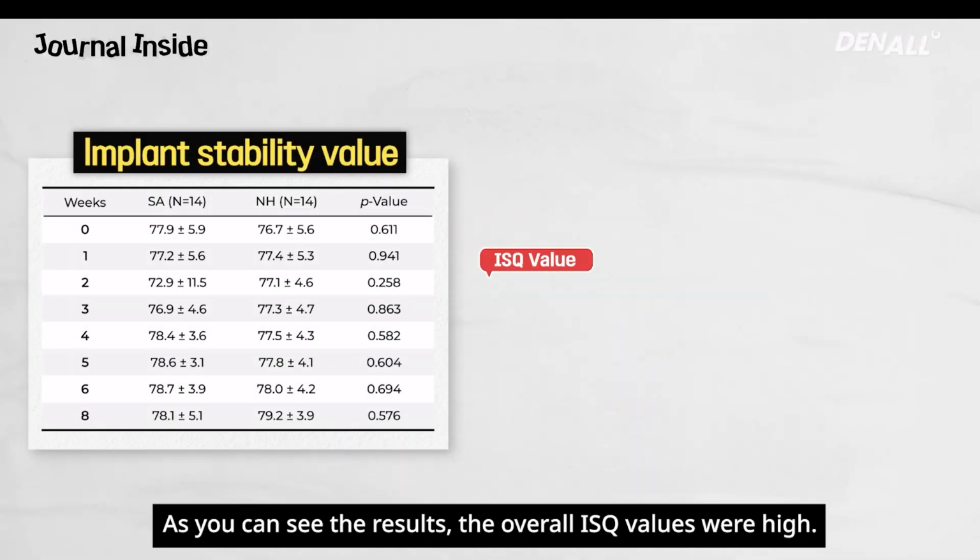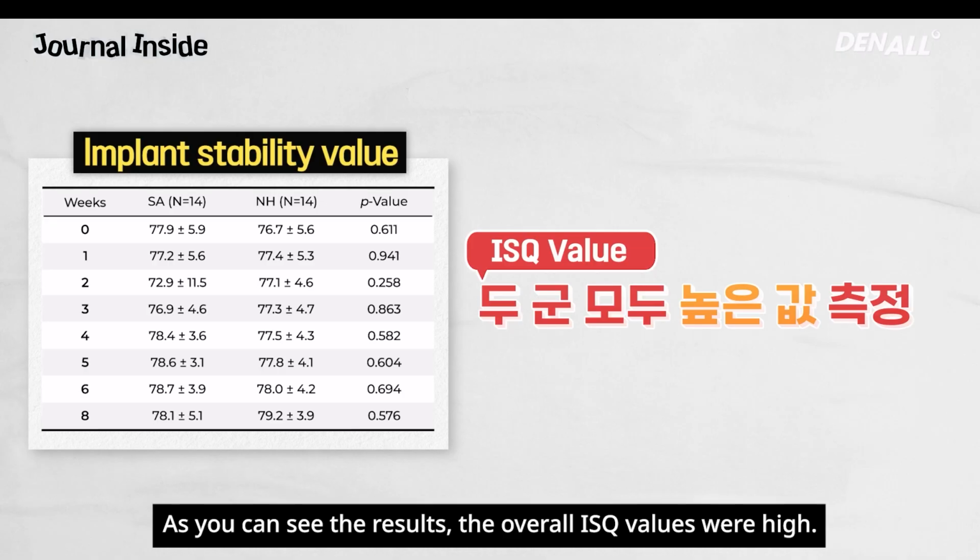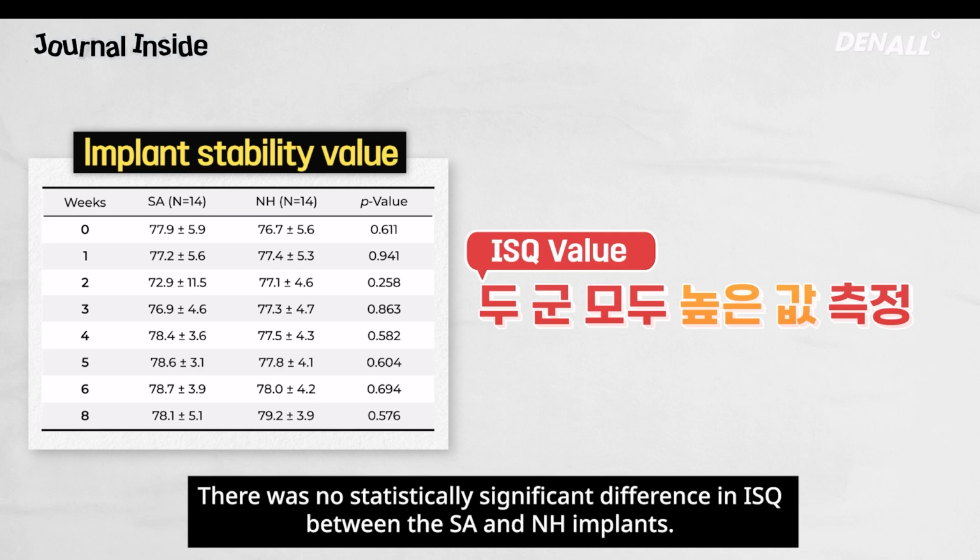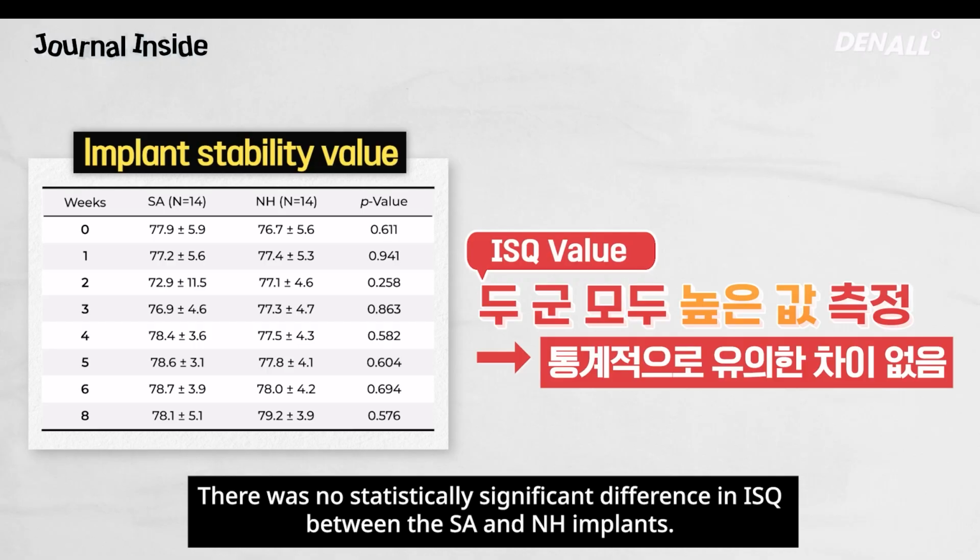As you can see in the results, the overall ISQ values were high. There was no statistically significant difference in ISQ between the SA and NH implants.